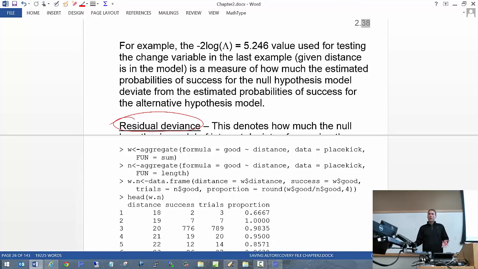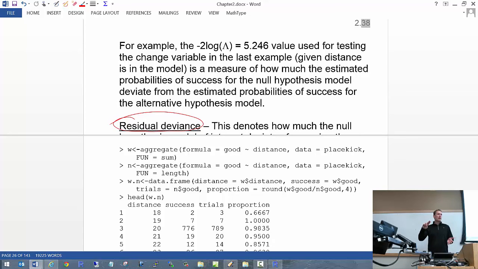So if I have about 40 distances, I have a model that has 40 parameters. Where if I use only distance itself to estimate the probability of success, how many parameters do I have? 2. The beta 0 and beta 1.